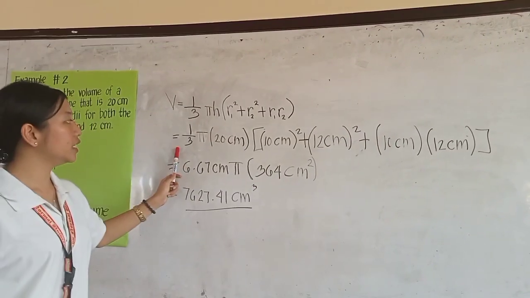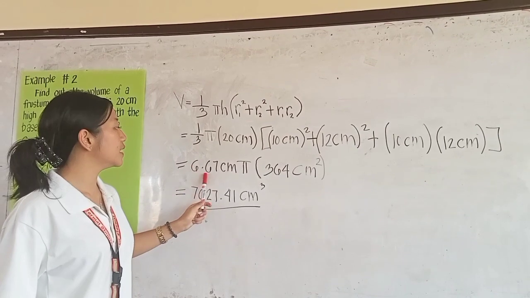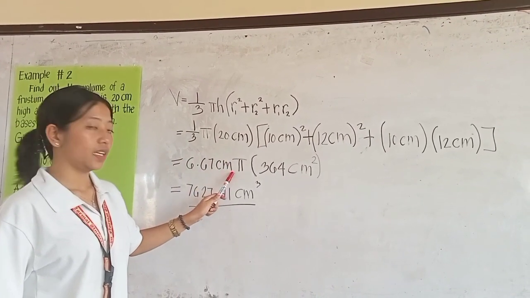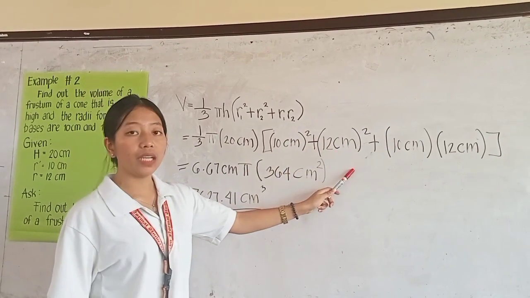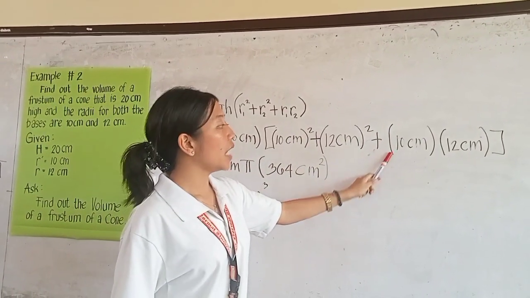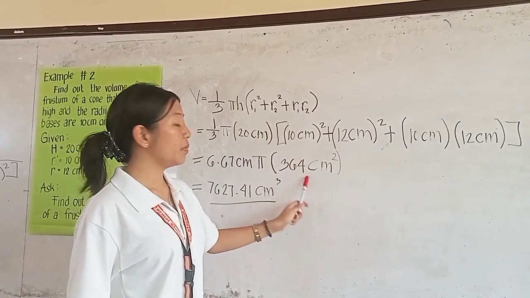So 1/3 times 20 centimeters is equal to 6.67 centimeters pi. And 10 centimeters squared plus 12 centimeters squared plus 10 centimeters times 12 centimeters is equal to 364 centimeters squared.